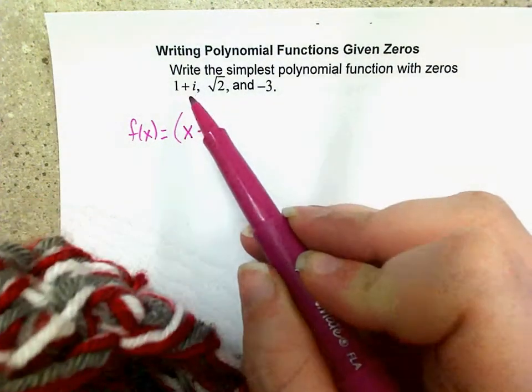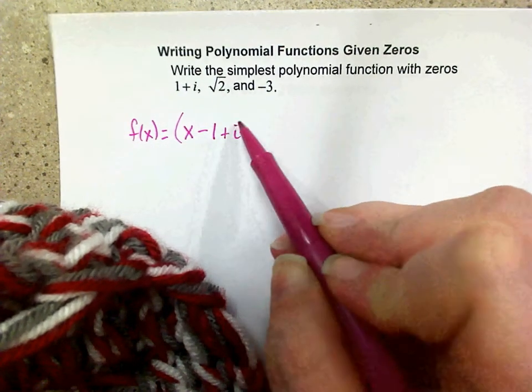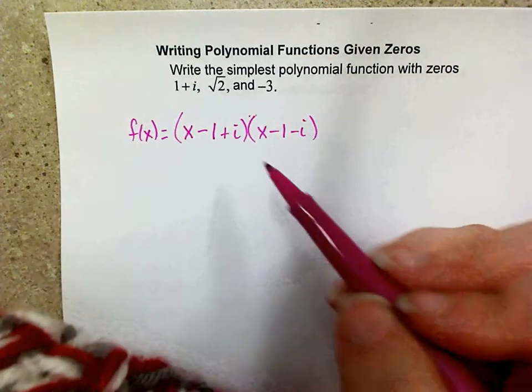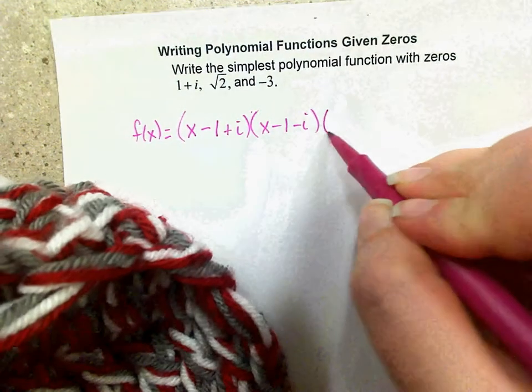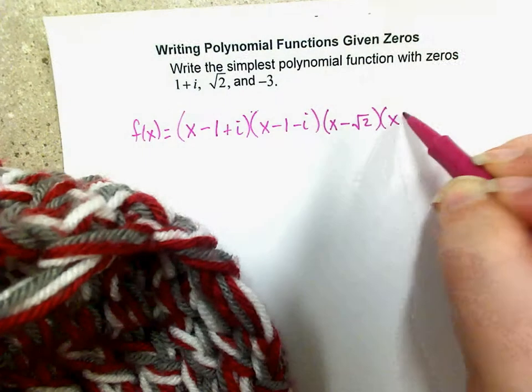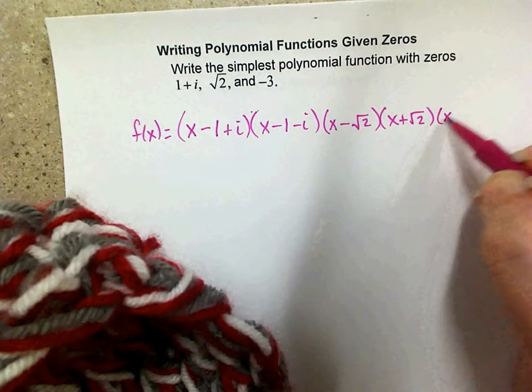And since it's a positive 1, we just leave it as minus 1, and then we're going to put plus i, and then x minus 1 minus i. There's always those two, and it doesn't matter what order you write them in. Okay, I've got the square root of 2, so x minus the square root of 2, but if there's one, there's another one, so x plus the square root of 2. And then the negative 3, I'm just going to write x plus 3.